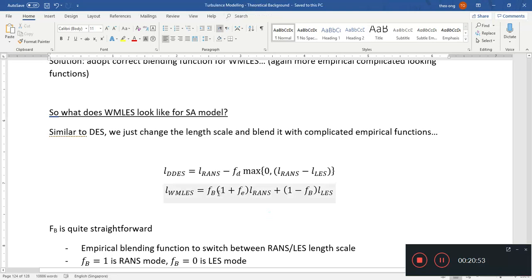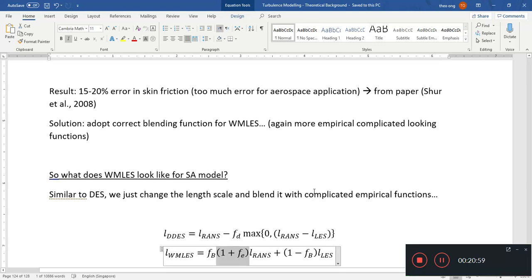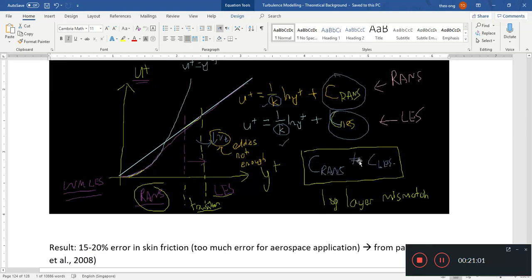Now you may be wondering what this 1 plus FE is here for. This 1 plus FE is here actually to help correct this log layer mismatch, because you have this transition from RANS to LES, and then this nu t drops too much, and the eddies in the resolved LES layer, resolved meaning you can actually see the velocity.